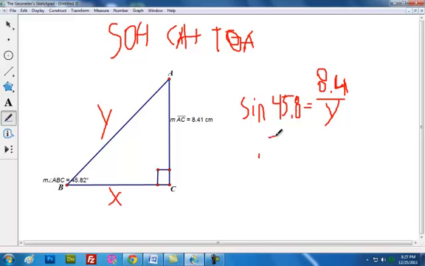So 0.72 equals 8.4 over y. And then to figure out y, we can multiply both sides by y and then divide by 0.72. So we'd have y equals 8.4 over 0.72.